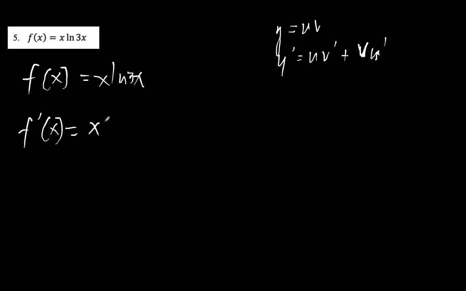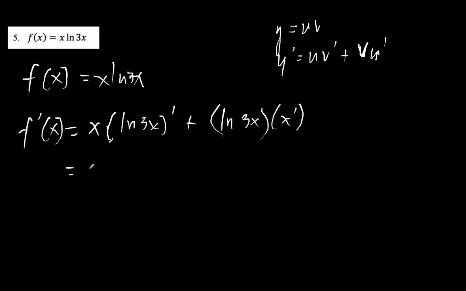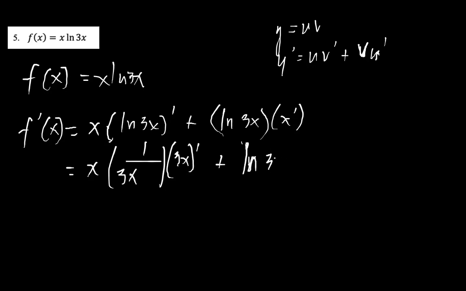So let's apply that theorem here. x times the derivative of ln 3x plus ln 3x times the derivative of x. What's the derivative of ln 3x? The derivative of that is 1 over 3x times the derivative of 3x, plus ln 3x times the derivative of x, which is 1.